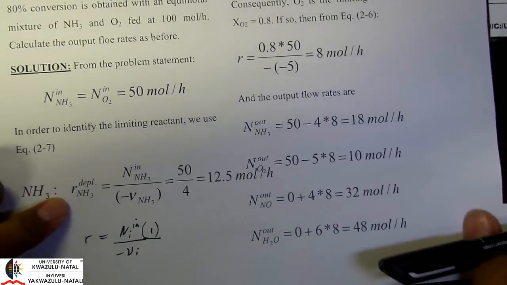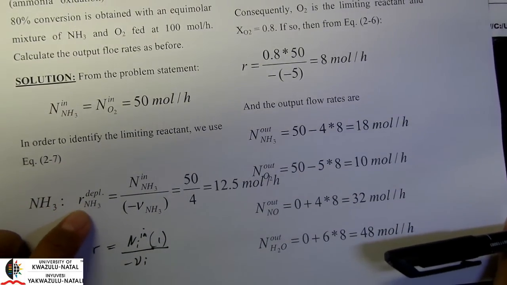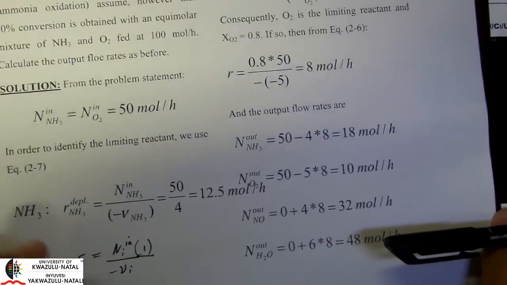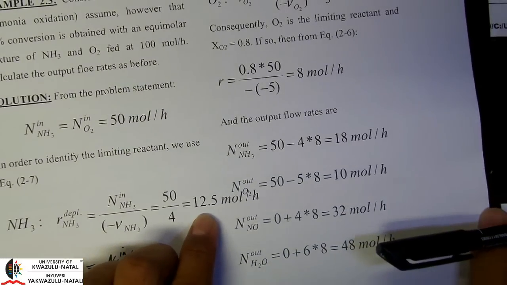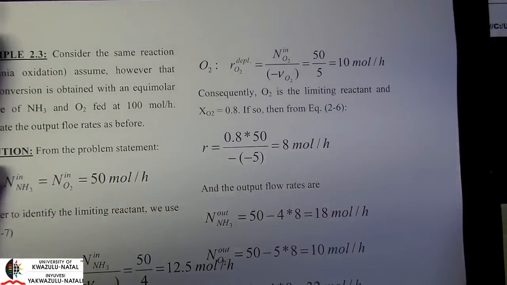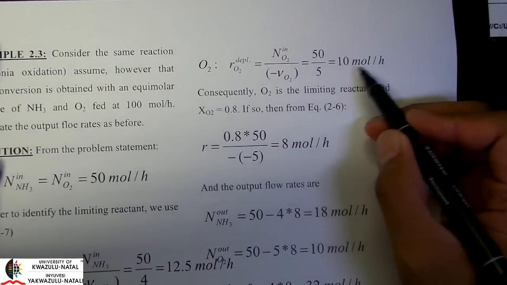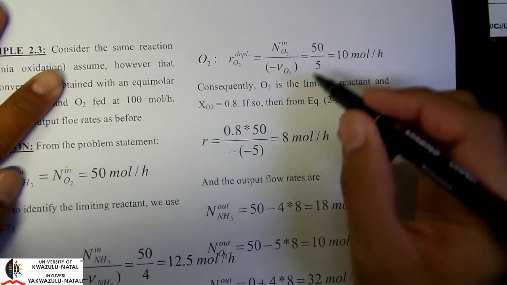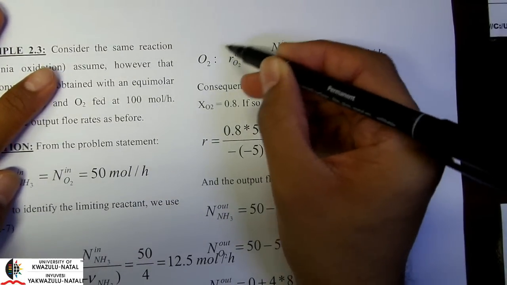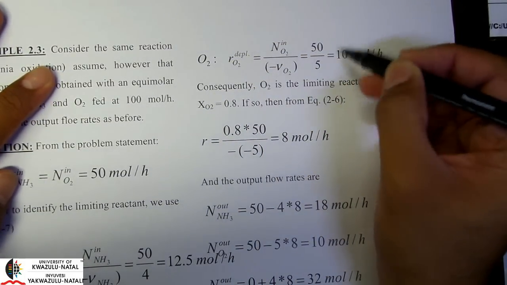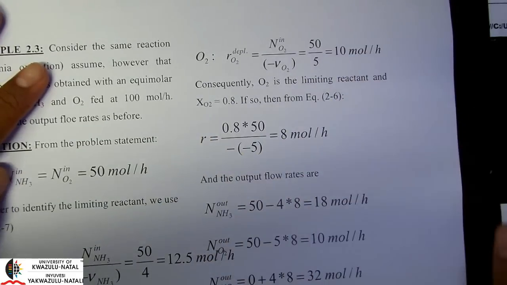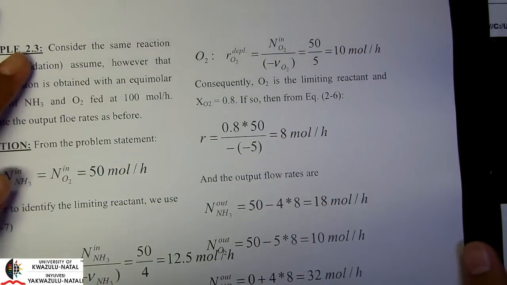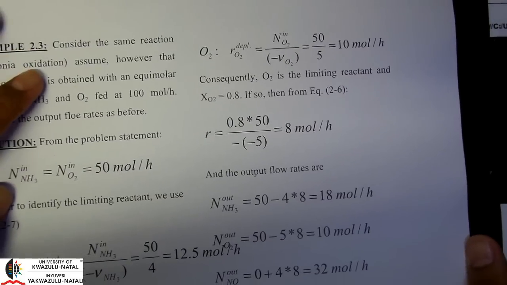So in the case of the reaction rate in terms of ammonia, we get 12.5. But if we calculate it in terms of oxygen, we get 10. Okay, and remember, as per the rule, since the R value is lower for the case of oxygen, we can now assume that O2 is the limiting reactant.